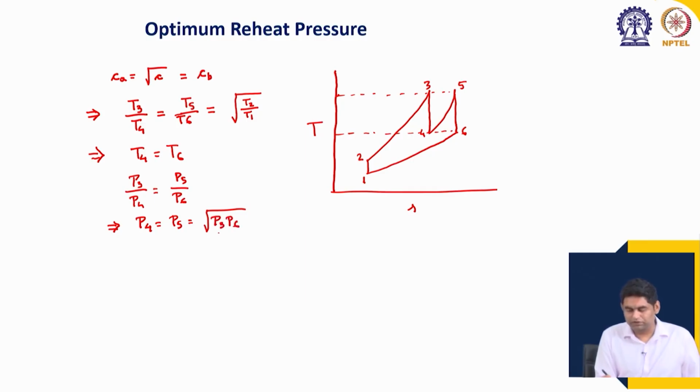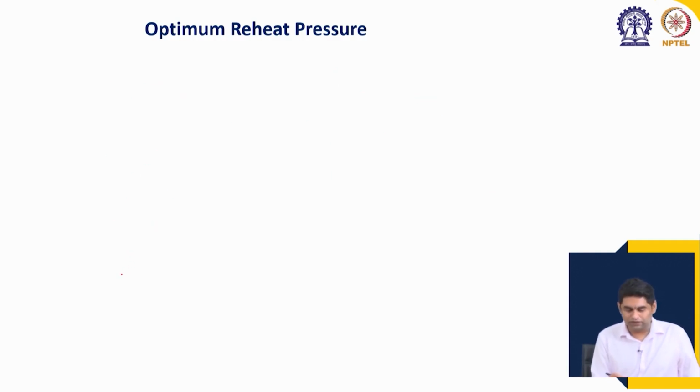So, this is the optimum reheat pressure. Okay. So, with this optimum reheat pressure, we can find what is the maximum work output and efficiency. So, the maximum work output will be equal to W net by CPT1 in non-dimensional form. Okay.